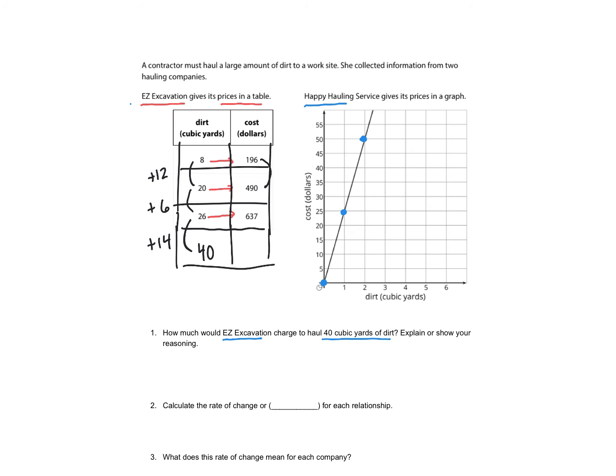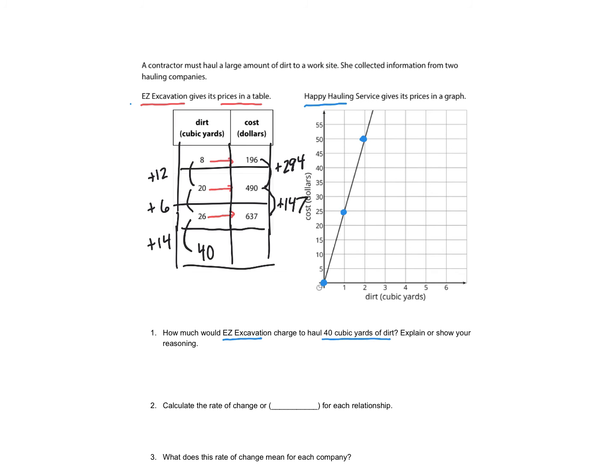And I would see that they have added 294. So plus 294. And then when we've gone up by 6 on the left with the X to get to 637, I'll just subtract 637 minus 490, and I'll see that we go up by 147.